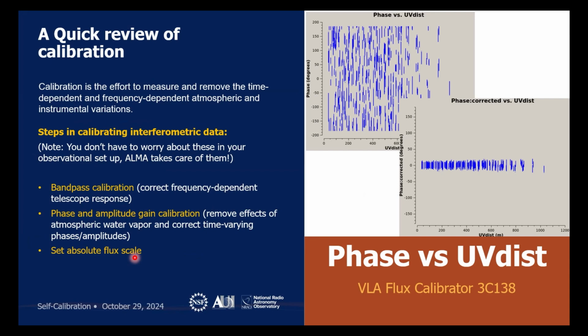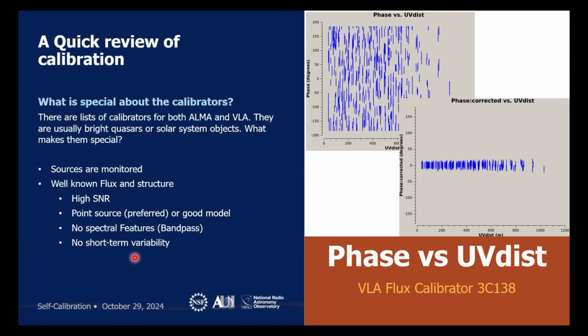We actually don't have to worry about this for proposing observations, because ALMA takes care of all of this for us. You just need to worry about your science observation, and then they will pick suitable calibrators for doing all these calibrations. This is because they already have a list of calibrators for ALMA, and actually for VLA as well.